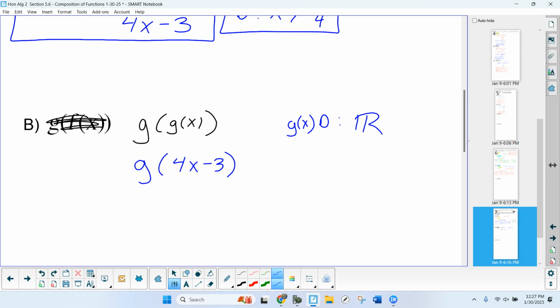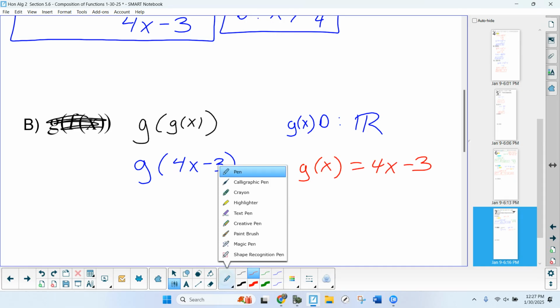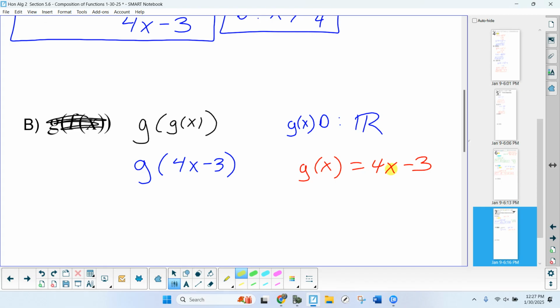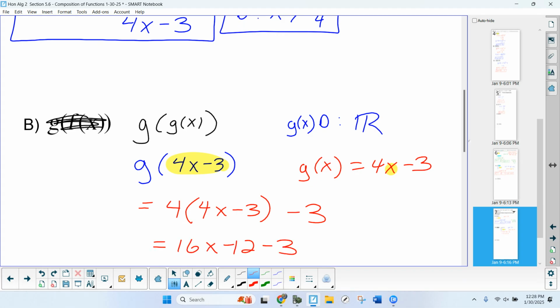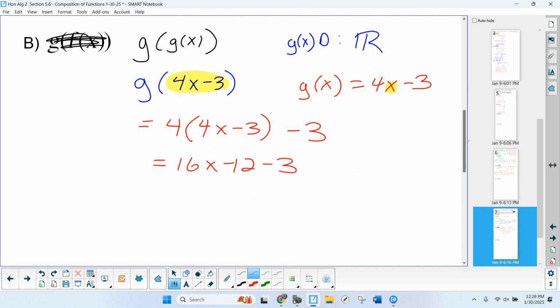Now, you go back to g of x, which was 4x minus 3. And everywhere I see an x, what do you plug in? So I get 4 times what? Minus, distribute. And then what do you get? 16x minus 15. And that's g of g of x.